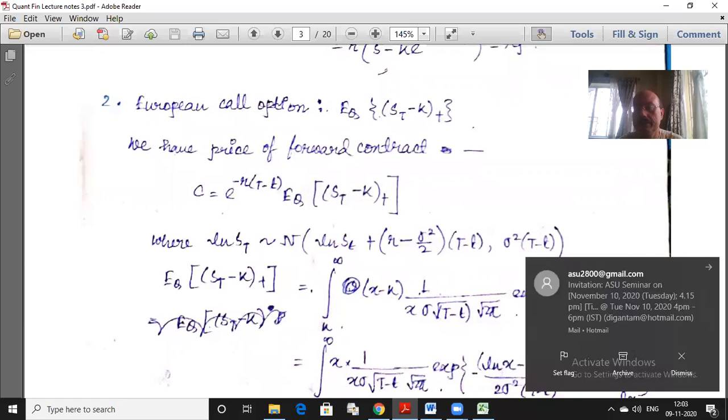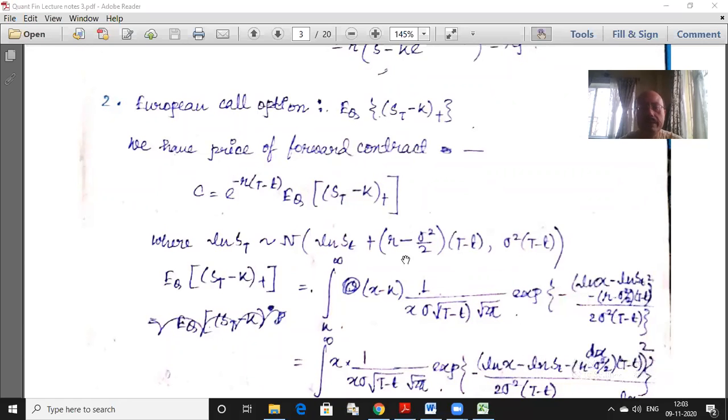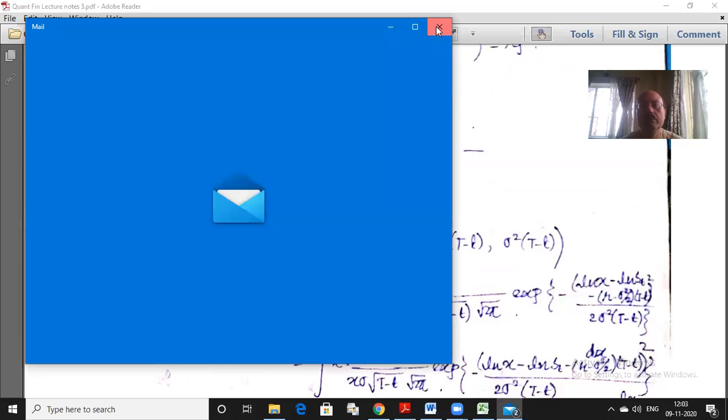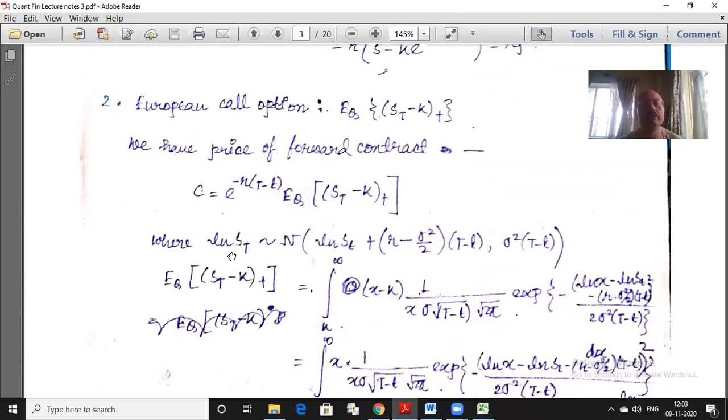And the modeling exercise, we already know that the process for the log stock price is a normal distribution. And what are the parameters? We are now at date time t, small t. So today's stock price is perfectly known.